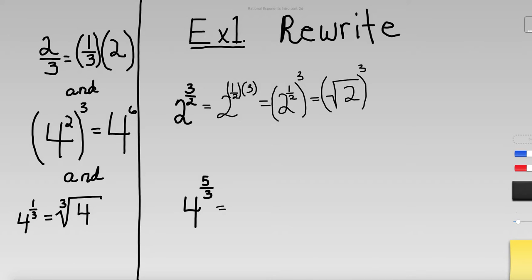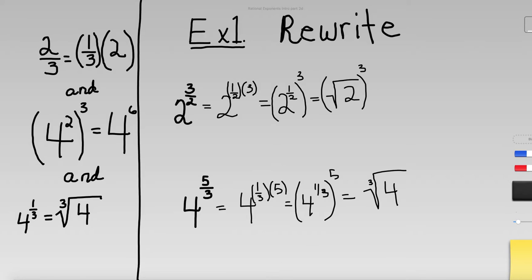And the same thing here, we could rewrite this as 4 to the 1/3 times 5, which is then going to give me 4 to the 1/3 to the 5th power, or cube root of 4 to the 5th power.